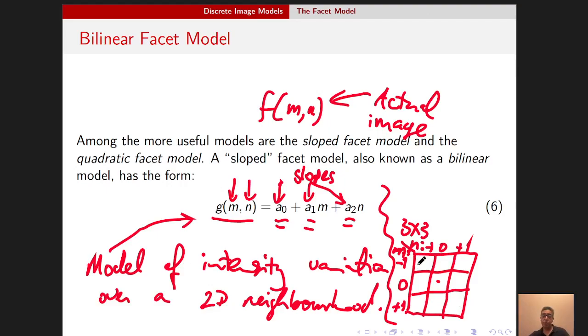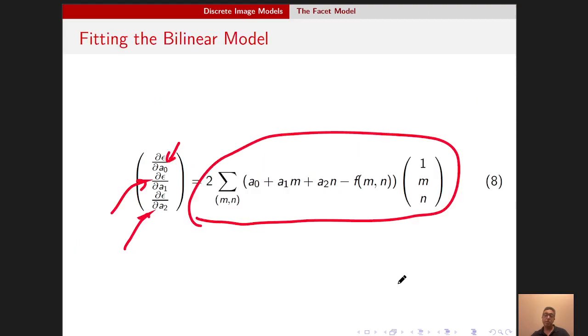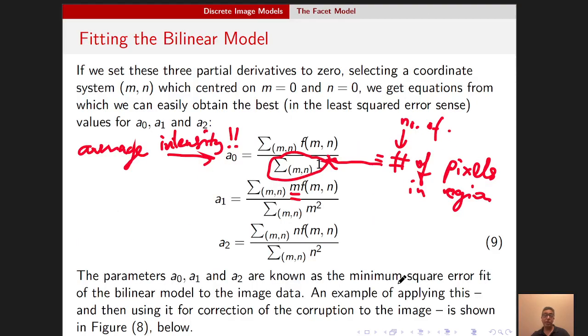But for example, because we've got 3 pixels in this row, we're going to have 3 pixels that have the same M value of -1. And we're also going to have 3 pixels that have the same M value of +1. Because we've centered the coordinate system, we're actually going to have 3 pixels here, which are not going to have any weighting at all because the M value for that in this centered coordinate system is 0. So that's another simplification to the calculation when you're actually working this out.